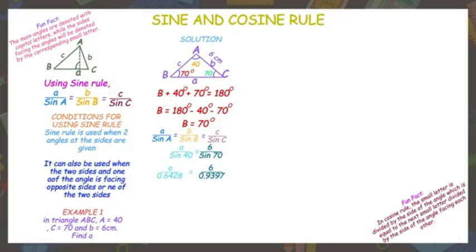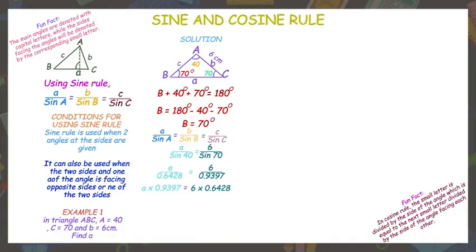Now we cross multiply. So that means we're having A multiplied by 0.9397 is equal to 6 multiplied by 0.6428.